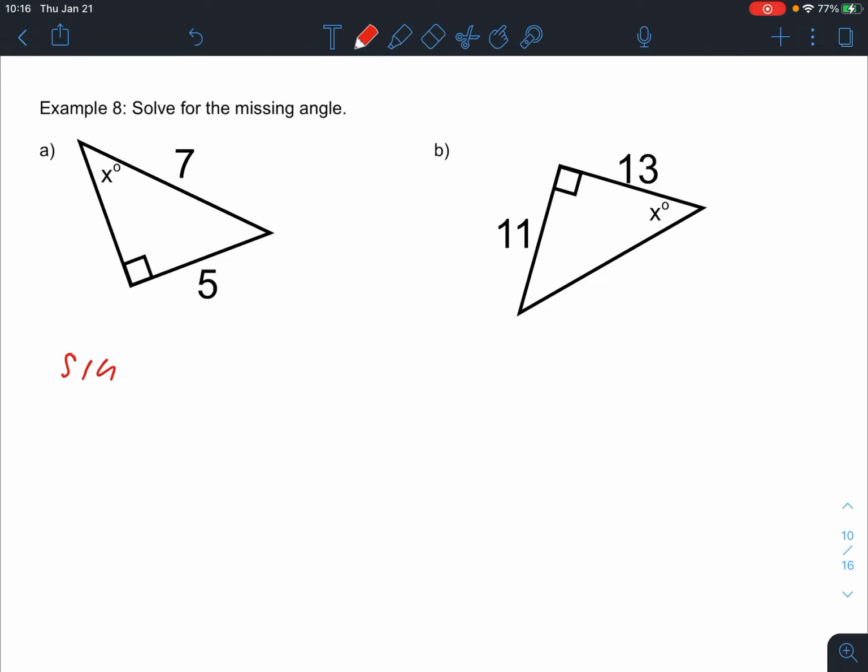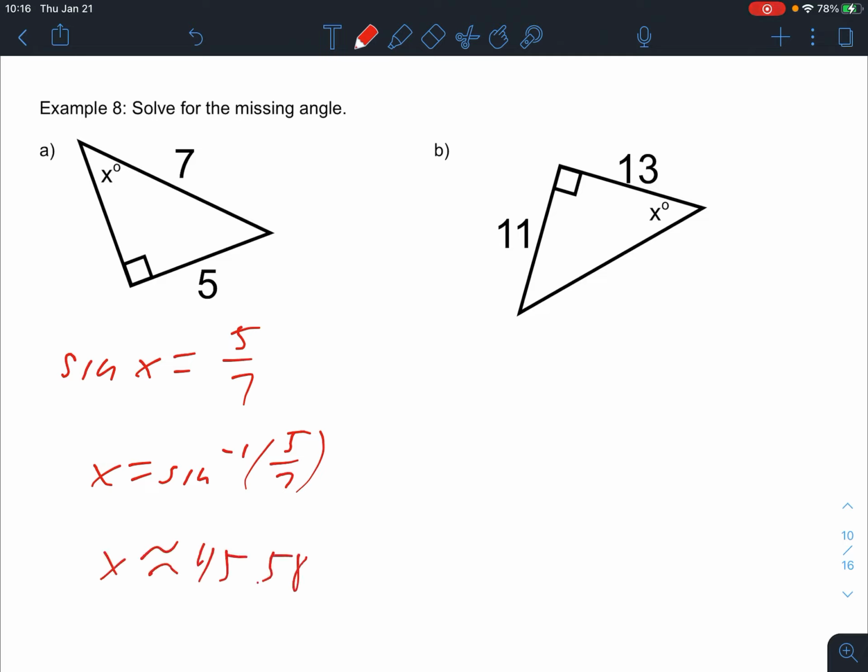So we're talking about sine of the angle equals opposite over hypotenuse. Taking the sine inverse of both sides, we get this. Type that in your calculator, you should get 45.58 degrees.